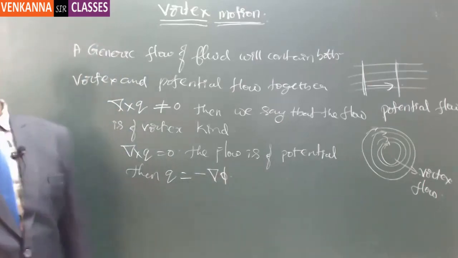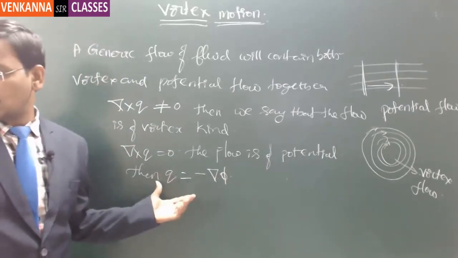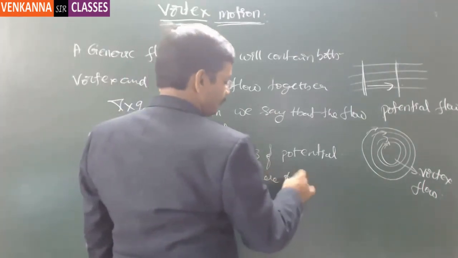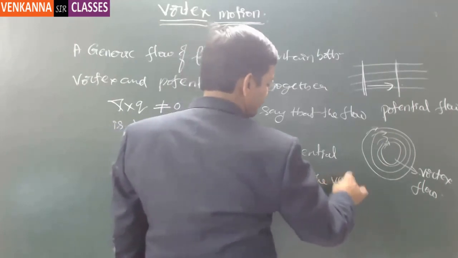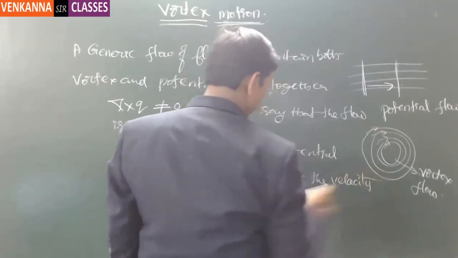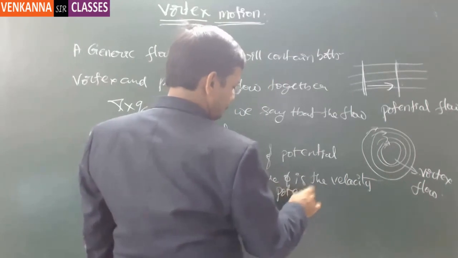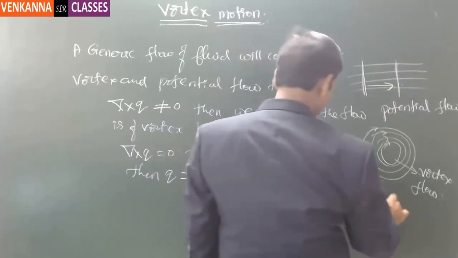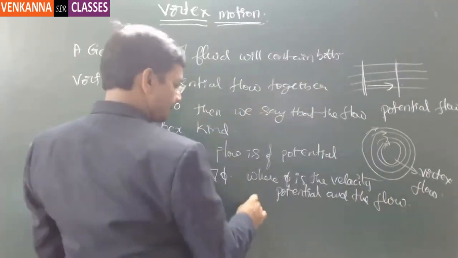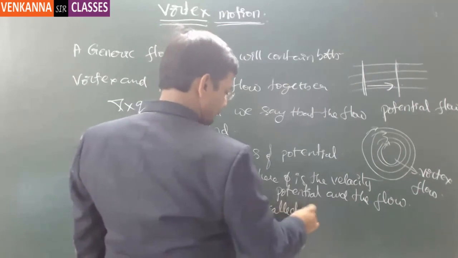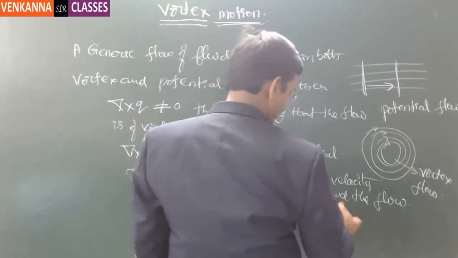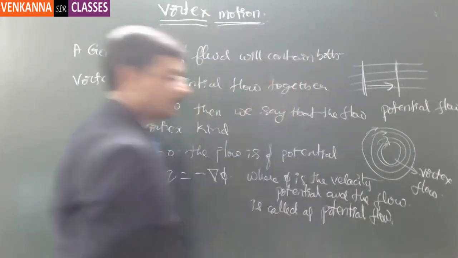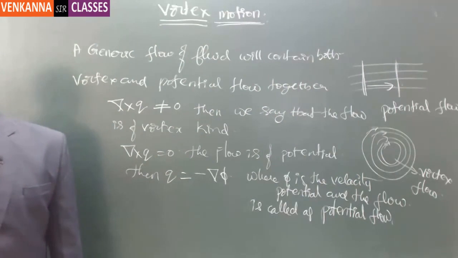This is the reason we call it the potential flow, where phi is the velocity potential. Got it? Okay, note down this.